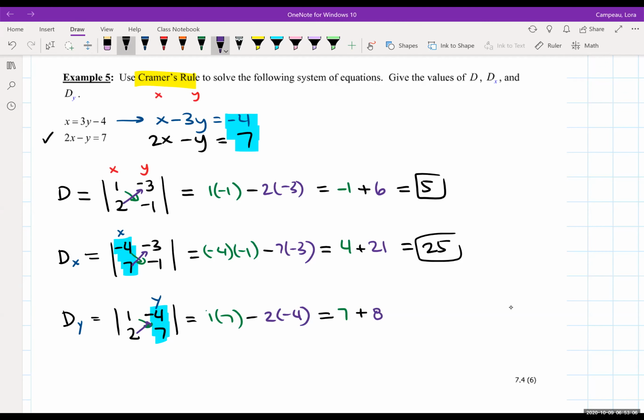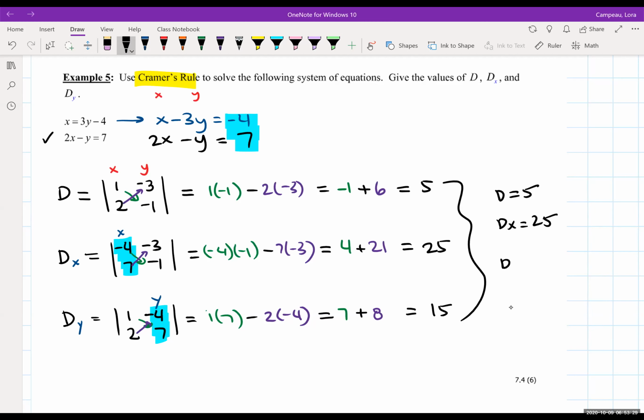And if we simplify this just a little bit, we are getting 15. So we now have, maybe I'll be a little bit more precise, I know we can see this in our work. D is equal to 5. D sub x equals 25. And D sub y equals 15. But sometimes they'd like you to specifically state what they are. So that's part of it.